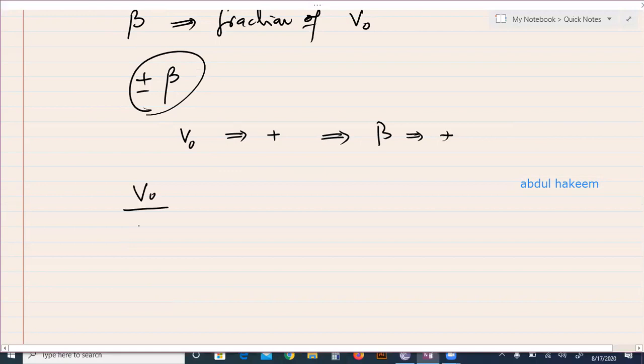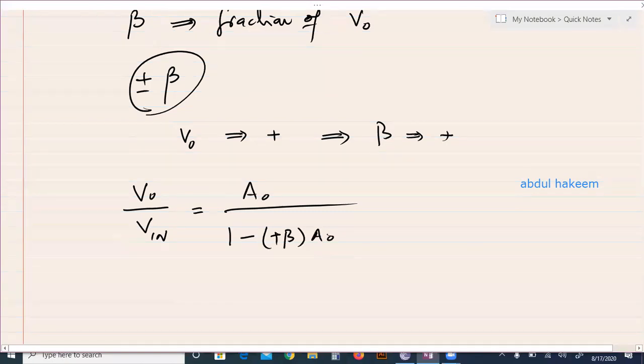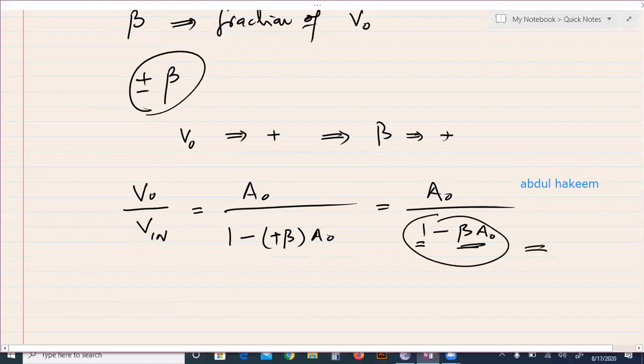So output divided by input, which is the gain, is A naught divided by 1 minus positive beta A naught. Look, there's no change in the sign. It will remain A naught over 1 minus beta A naught. This is 1 unit, and this beta A naught product is subtracted from the 1. So the denominator is decreasing.